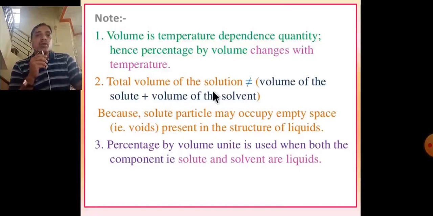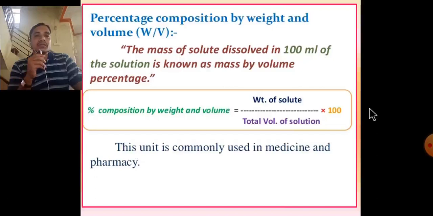Second, total volume of solution is not equal to volume of the solute plus volume of the solvent, because particles may occupy empty space, that is voids, present in the structure of liquids. Third, percentage by volume is used when both the components, solute and solvent, are liquids.